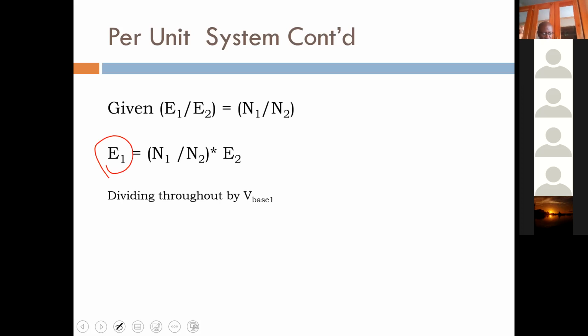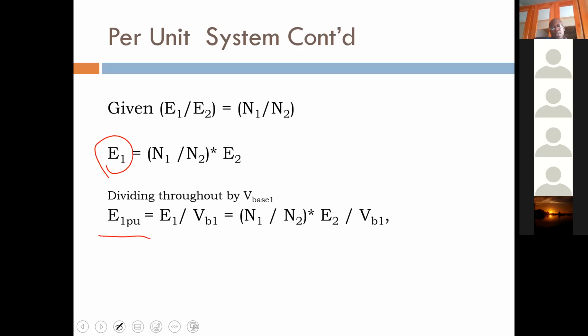So it's at a point. So with VB1 on winding 1, we find E1 per unit, which is given by that expression. Of course, we'll be dividing the right-hand side of the equation also by VB1.